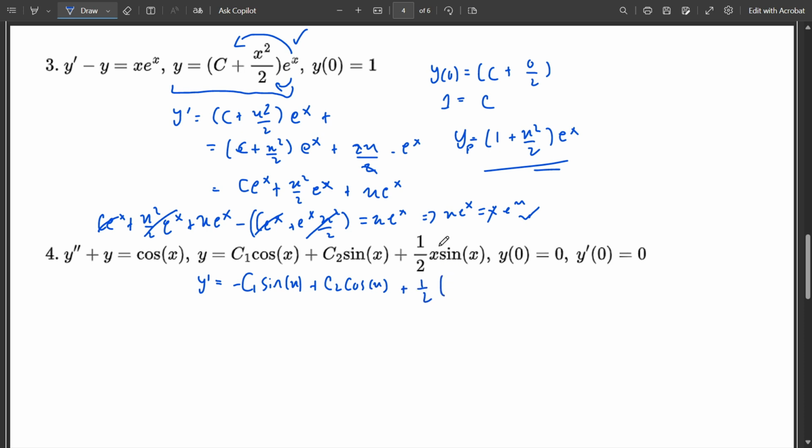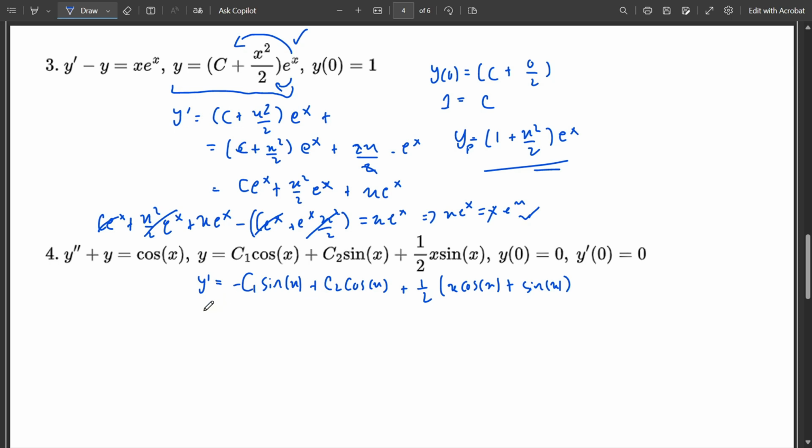We need to use the product rule here. And we have x times cosine of x plus the derivative of the first, which is 1 times sine of x.